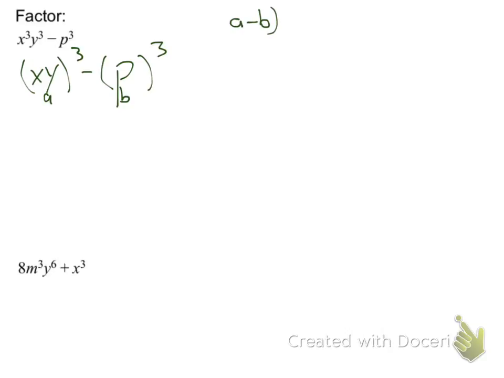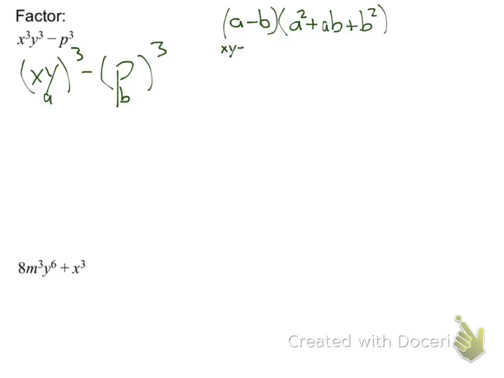A minus B times A squared, what's the change? Plus AB plus B squared. We just have to plug it in there and simplify. We're done. So let's make that happen.